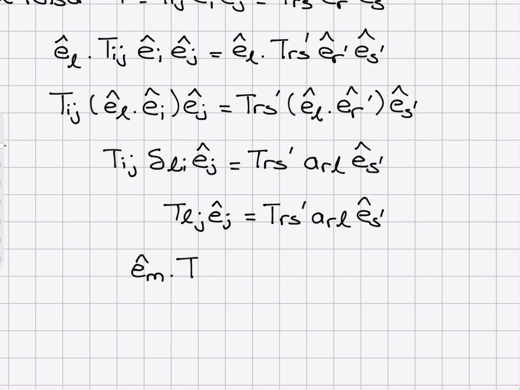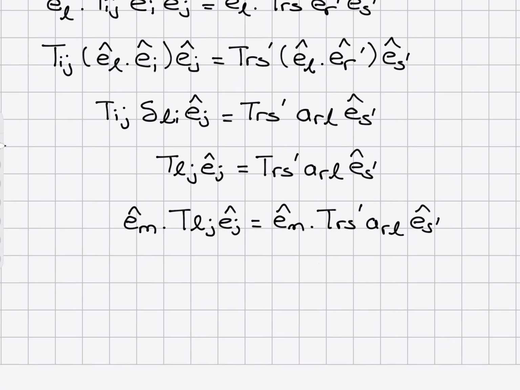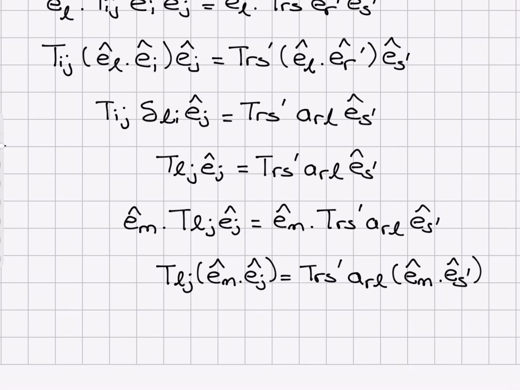So let's do that. T_lj e_j hat. And once again, e_m hat dot product T_rs prime, a_rl, e_s prime hat. And again, T_lj is just a matrix element. I have e_m hat dot product with e_j hat. This is equal to T_rs prime, a_rl, which is another matrix element, e_m hat dot product with e_s prime hat.